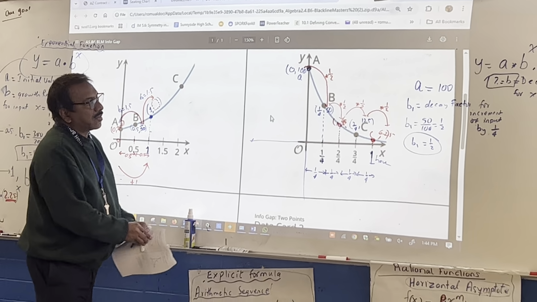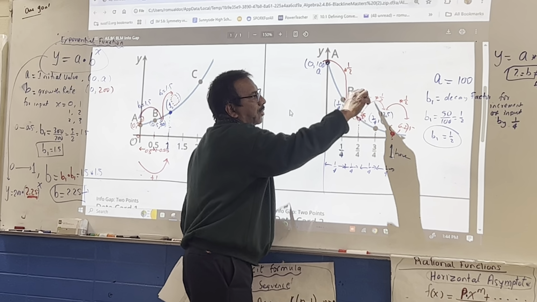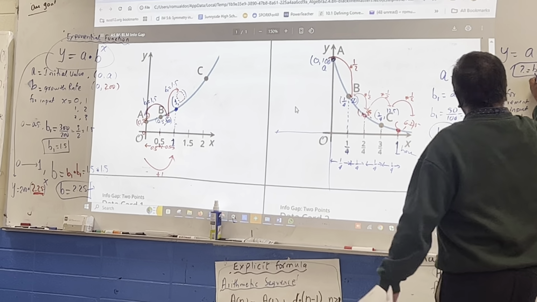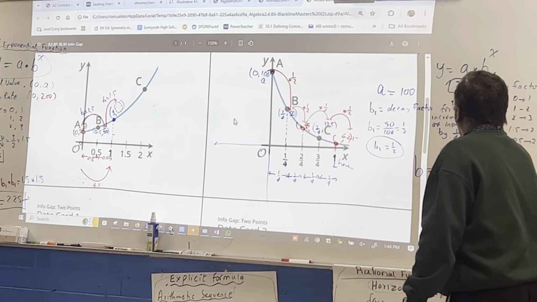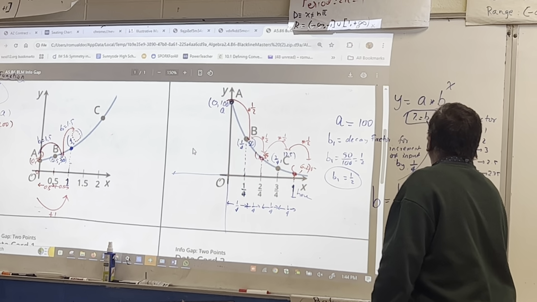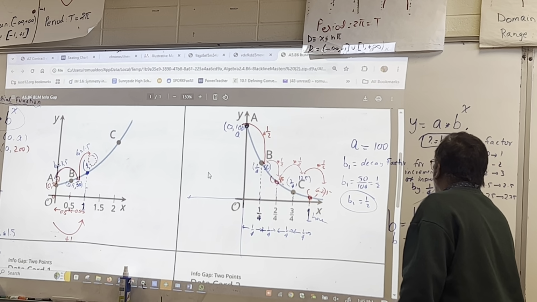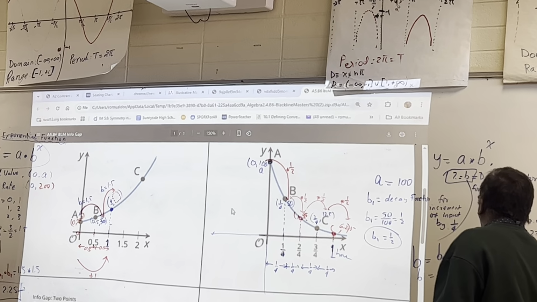So how many halves do we do? 1, 2, 3, and 4. So the question was B, right? So B is B1 times B1 times B1 times B1, where you're multiplying the half 4 times. Correct?